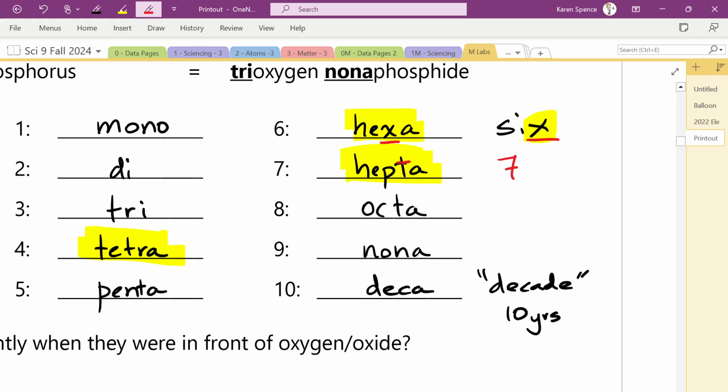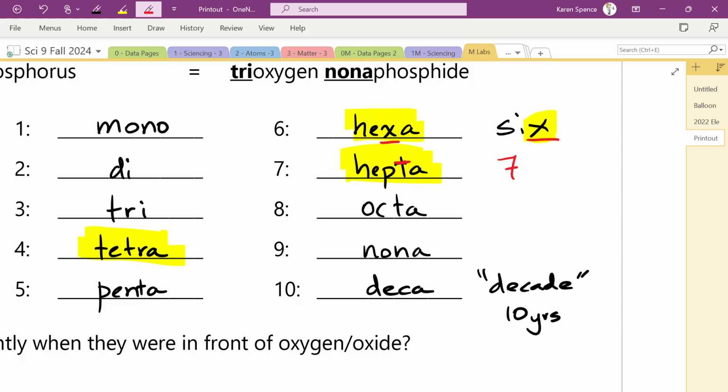And you'll notice that this has a line through the T. I don't know if that's helpful. I just thought of that now, so maybe it's not very useful. But hexa and 6 both have an X. And for some reason, people also mix up penta and hexa, but I don't know how to help you with that one. You just need to stick it in your brain.